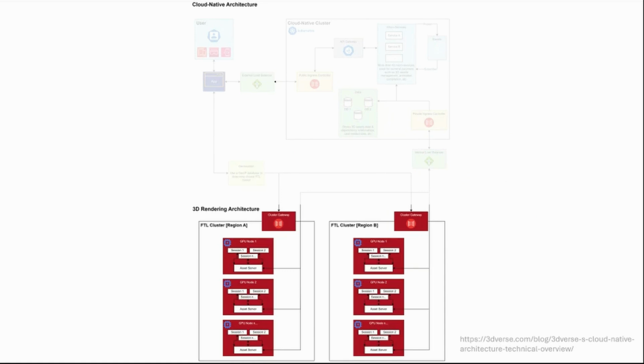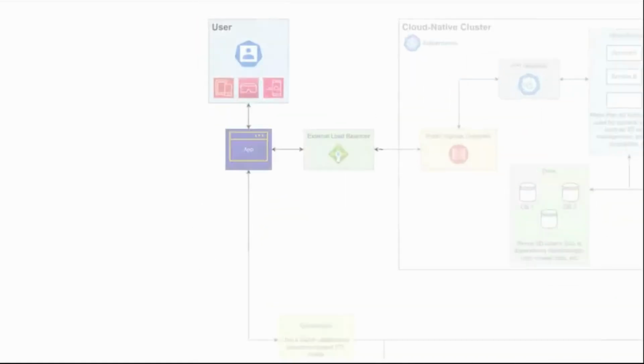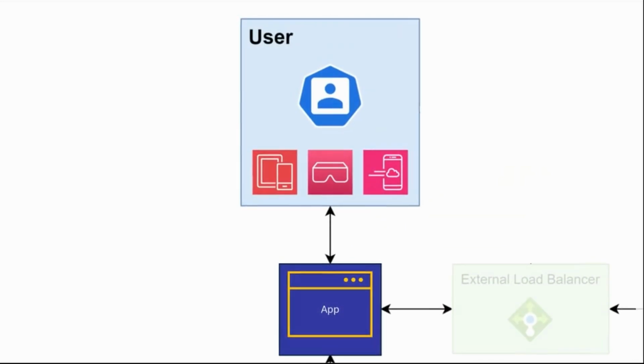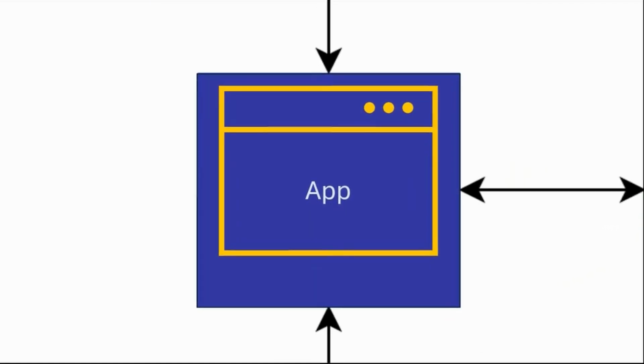But what interests us today lives here in the delightful userland. This is where the user interacts with the platform, and they need a simple web browser. Going inside that browser is our web application, our three.js powered web application.